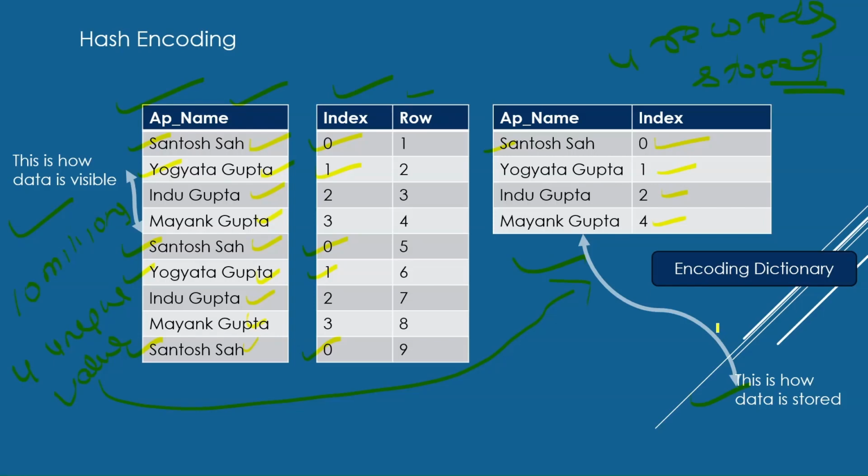We can imagine the amount of data needed to store 10 million records, versus the amount of memory needed to store a table which has only 4 records. We can imagine how much data reduction will happen with the help of the hash encoding process.